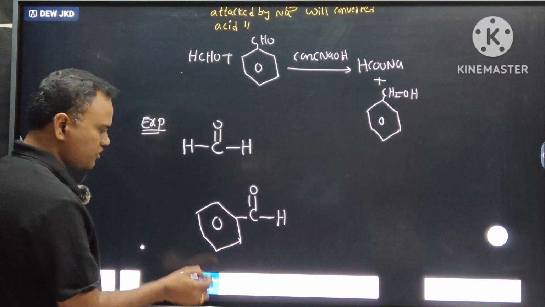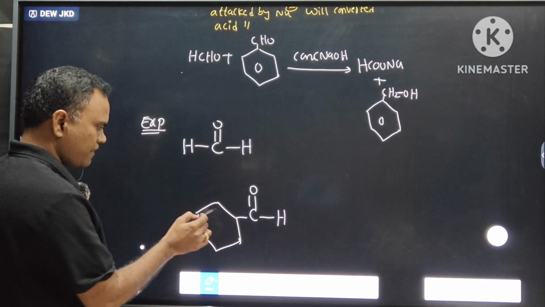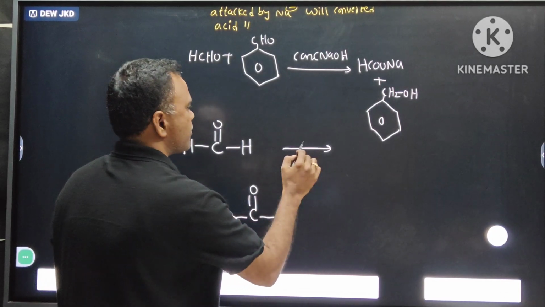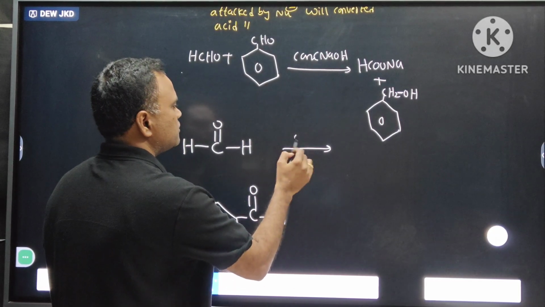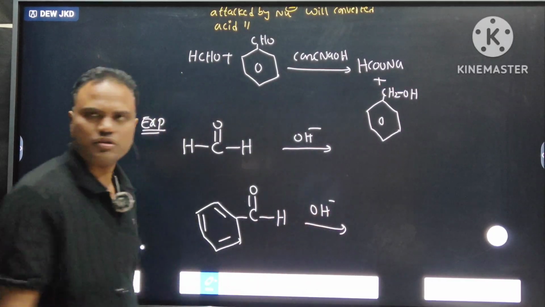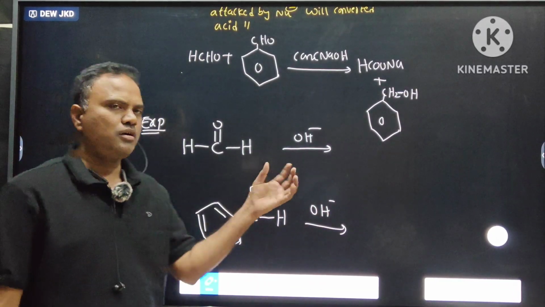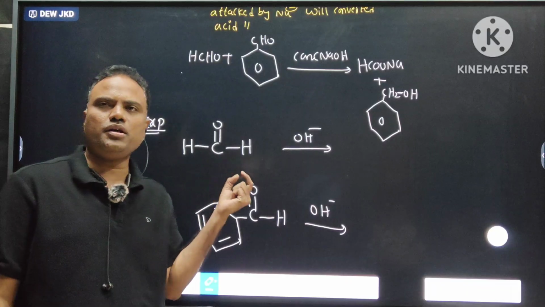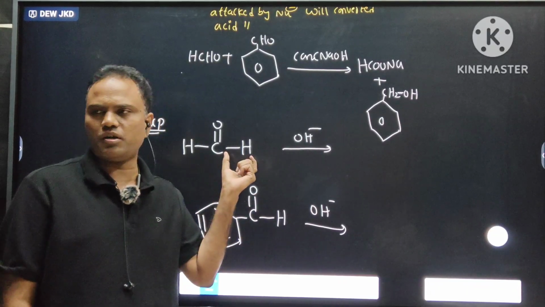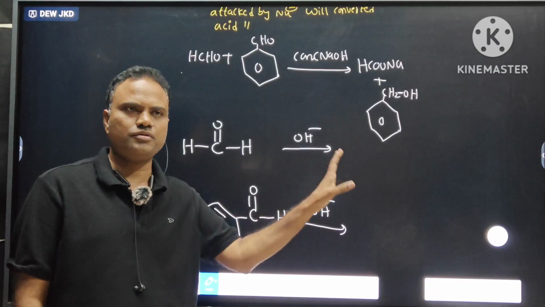In benzaldehyde, represent pi bonds. Pi bond. Right. Let us take nucleophile here, OH minus nucleophile. If this formaldehyde is attacked by OH negative, that will convert to acid.